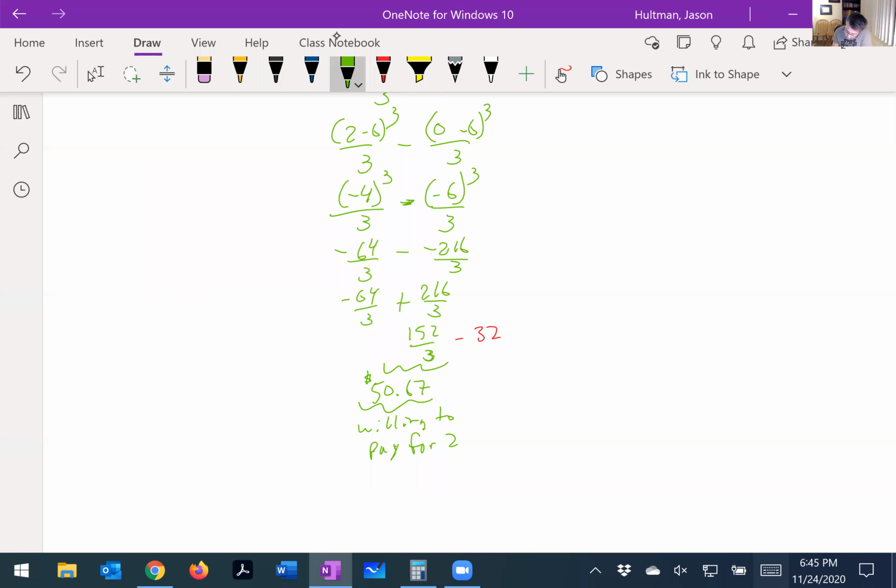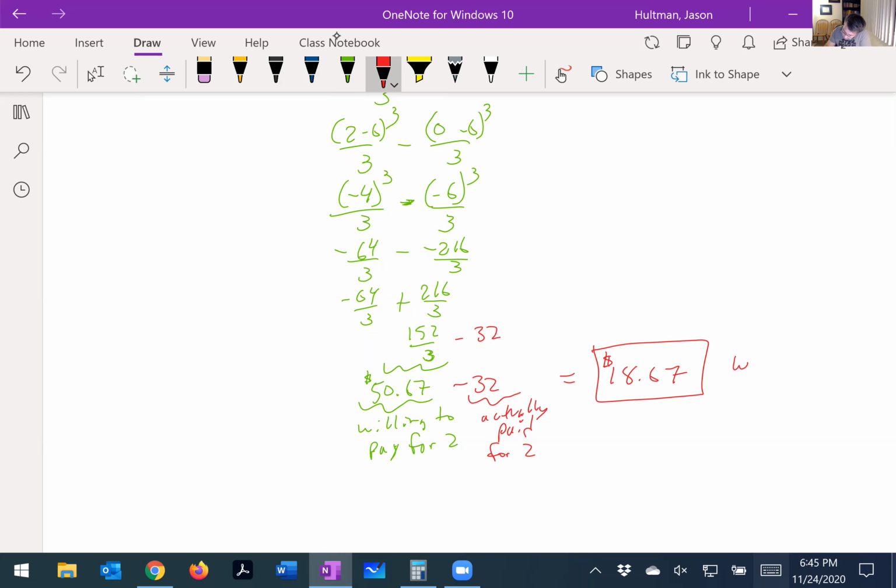However, I only paid $32. Minus $32. This is how much I actually paid for 2. And so there's a discrepancy here, and the difference is $18.67.